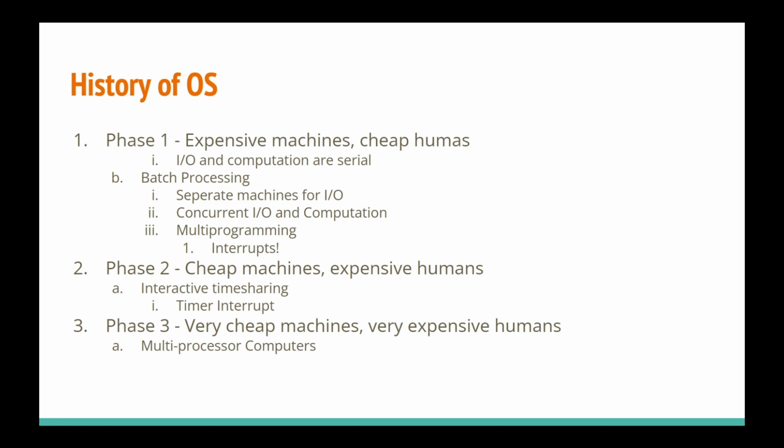The way that we do this is with interactive time sharing, and the way that you interactively time share is with a timer interrupt. So a timer interrupt interrupts a program so that the CPU gets sort of evenly distributed amongst the different processes that all the different users are trying to run.